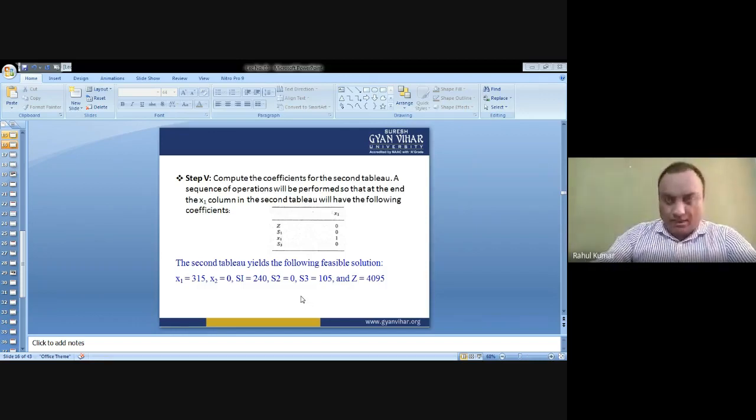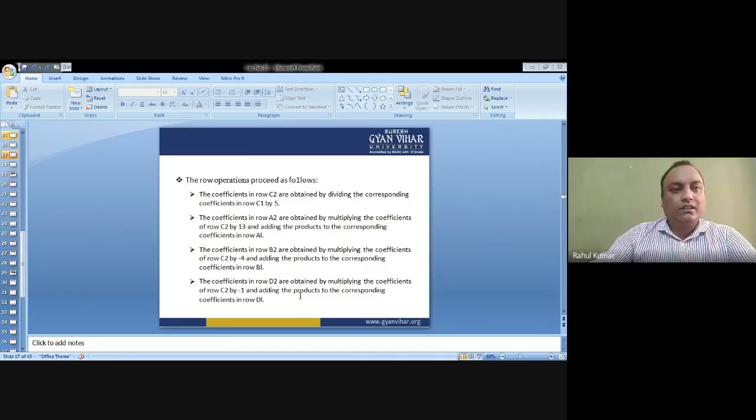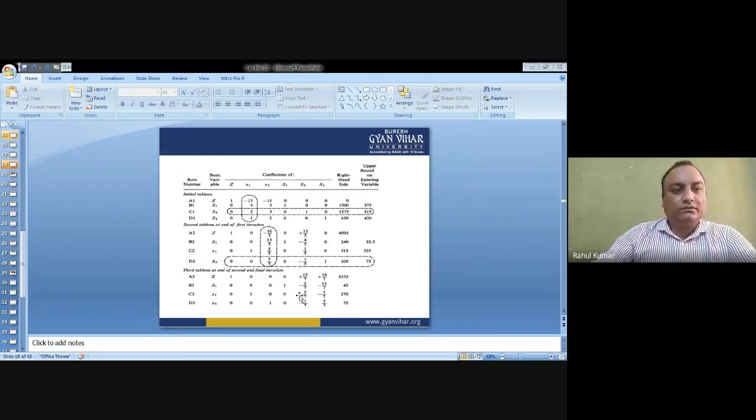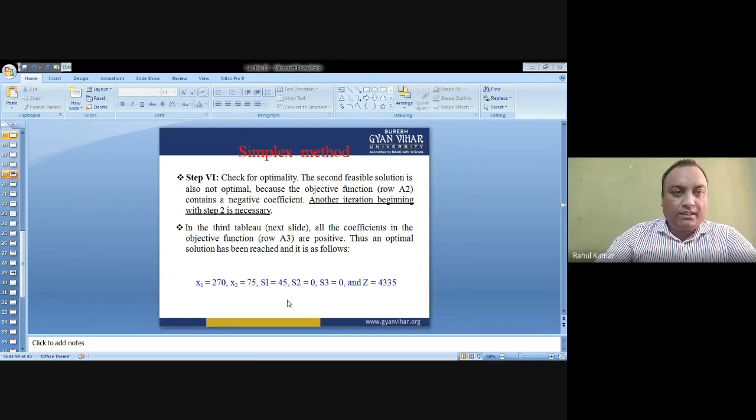And then move to the next section of this problem, and this is the third tabulation at the end of the final iteration, right? And then step number 6 will give a value of x1 equal to 270, x2 75, s1 equal to 45, s2 equal to 0, s3 equal to 0, and Z equal to 4335.